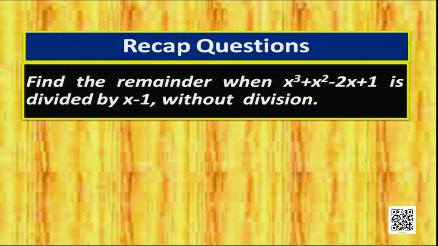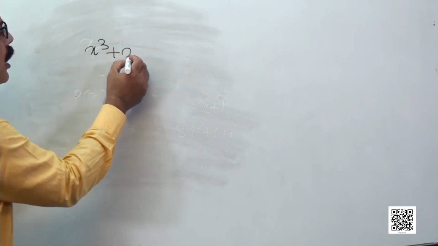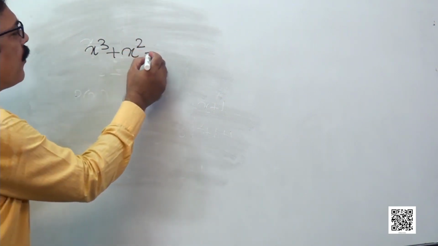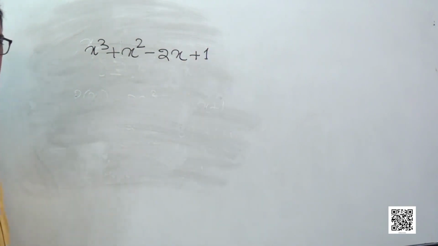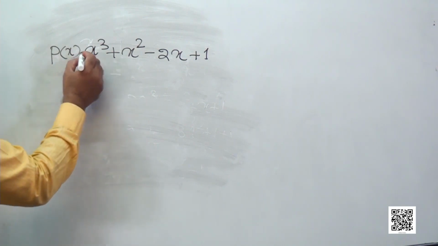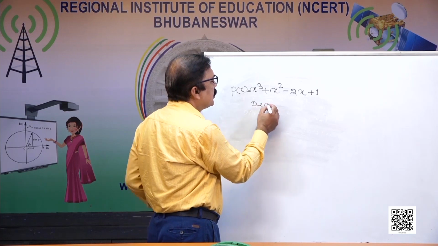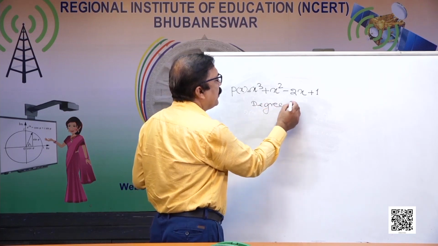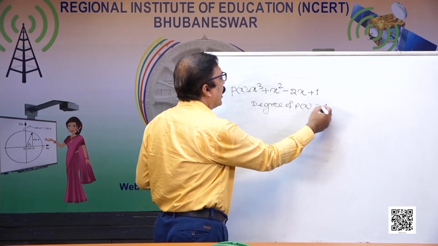Here it is, x cube plus x square minus 2x plus 1. Our p(x) is this. And what is the degree? Degree of p(x) is greater than 1.